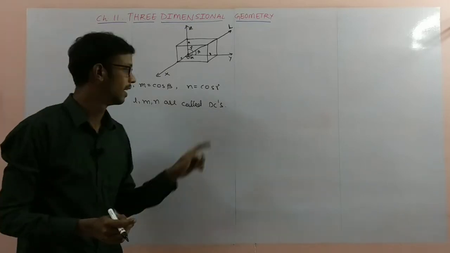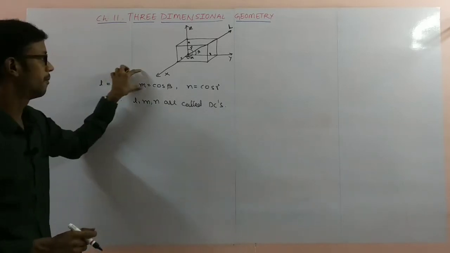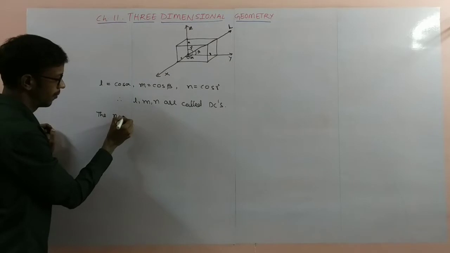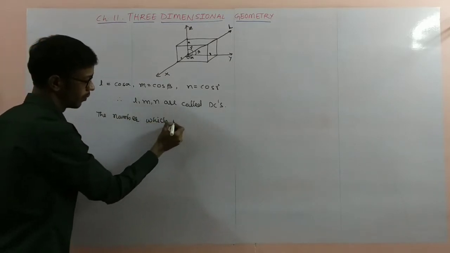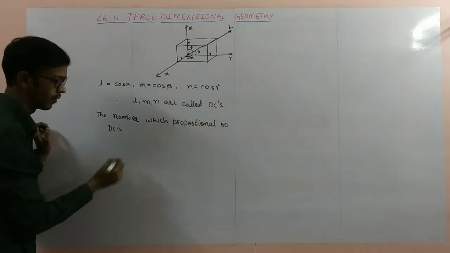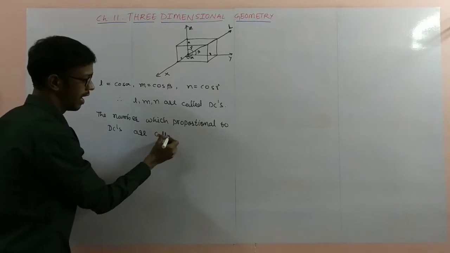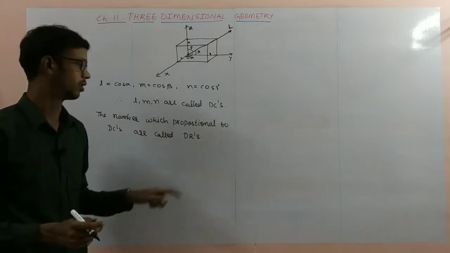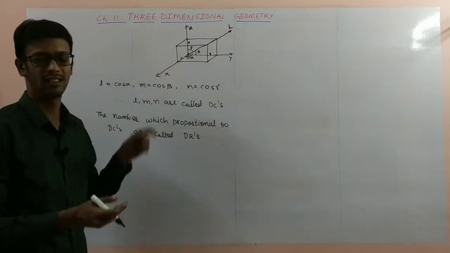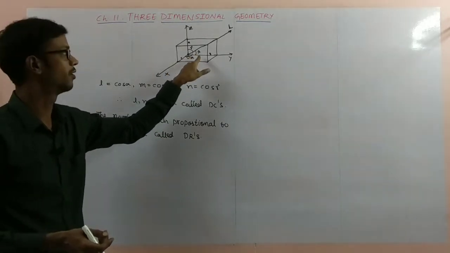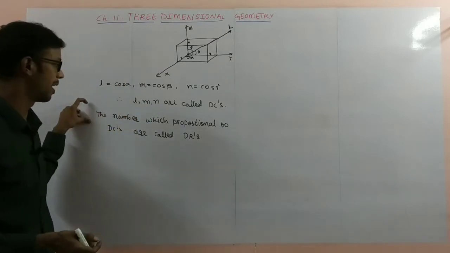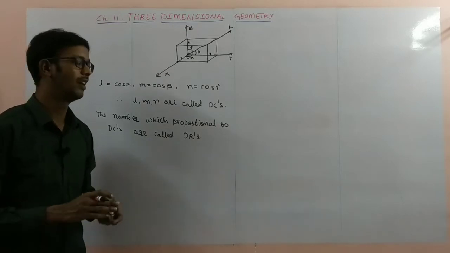In short, we write DCs. And the numbers which are proportional to the direction cosines are called direction ratios, DRs. Direction cosines means the cos values of the angles a directed line makes with the x-axis, y-axis, z-axis. The numbers which are proportional to direction cosines are called direction ratios.